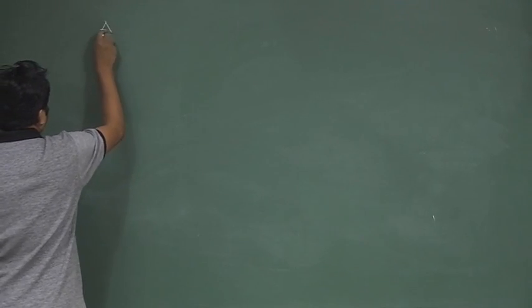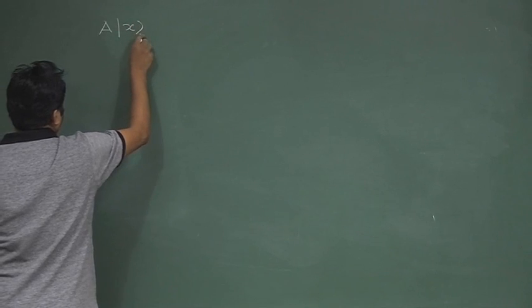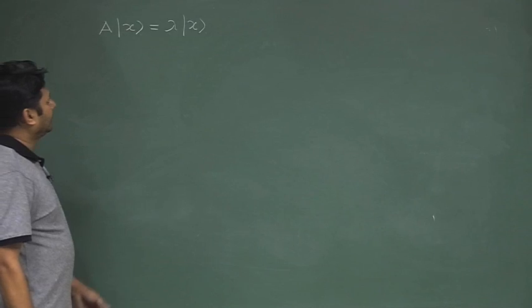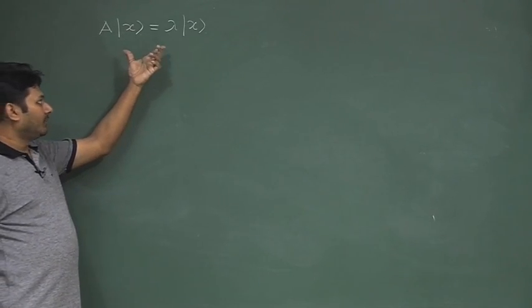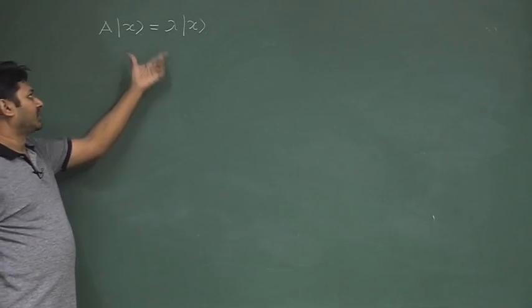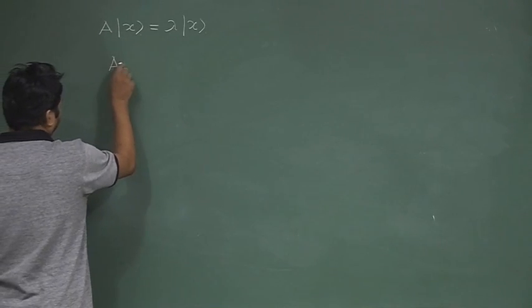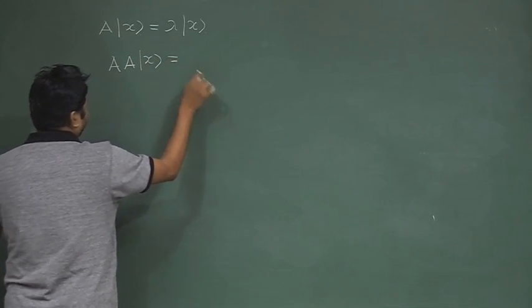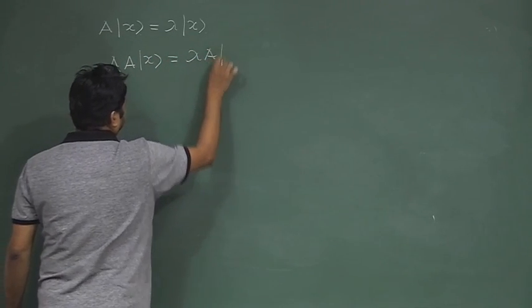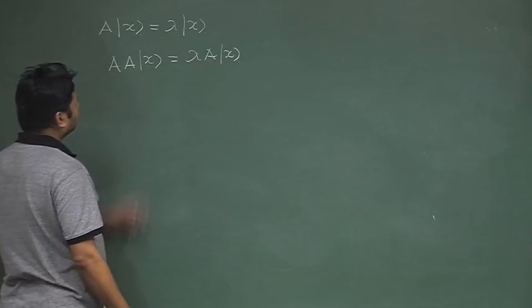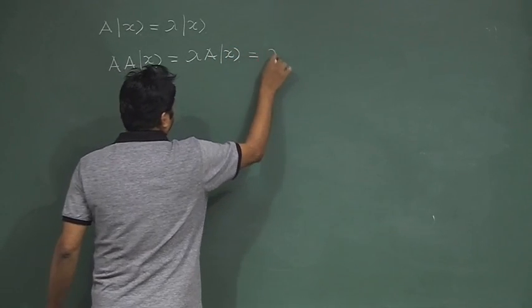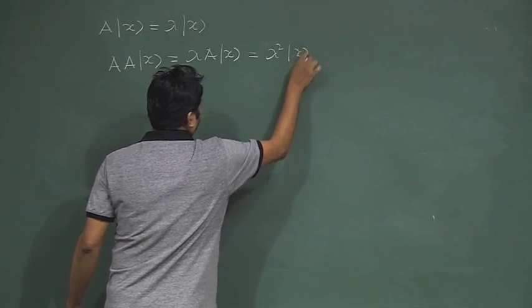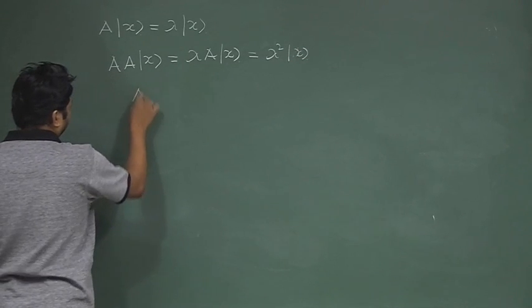If a matrix... this is quite simple, but still I believe this is the eigenvalue equation. From this eigenvalue equation we can get a lot of information. For example, if I operate A on both sides, then it will be lambda squared x, and this is nothing but A squared.